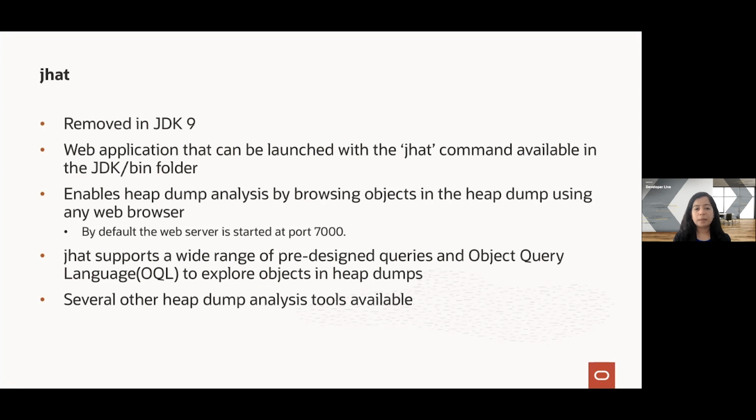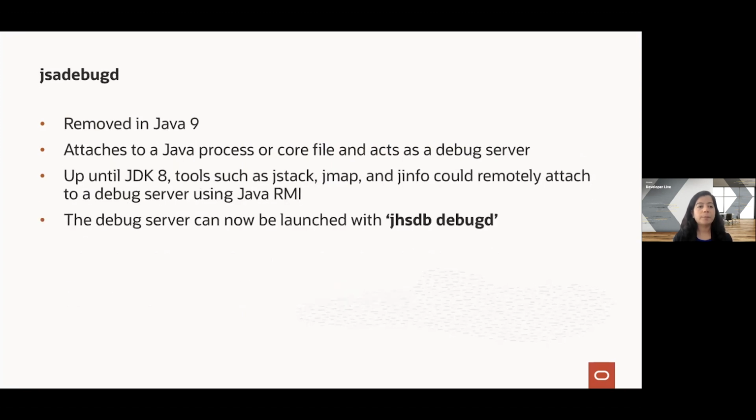JHAT supported a wide range of pre-designed queries and object query language to explore objects in heap dumps. But having said that, there are several other heap dump analysis tools, for example, Eclipse MAT, that can be used for heap dump analysis.